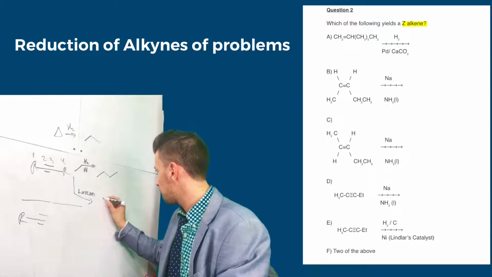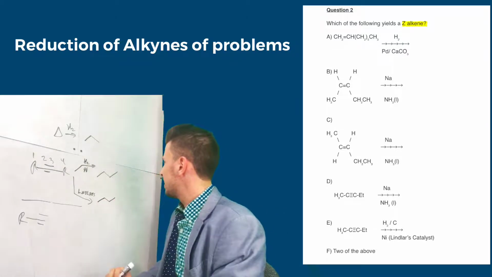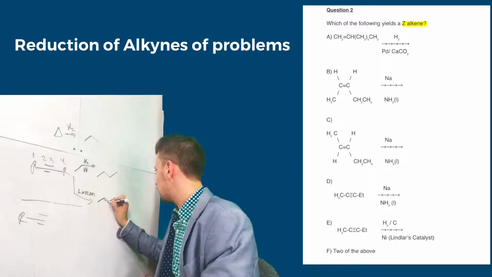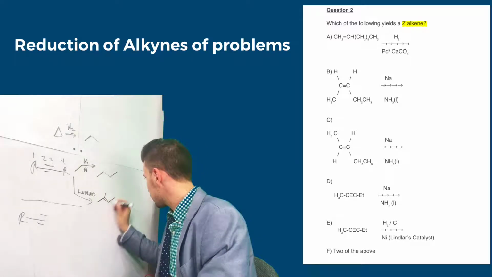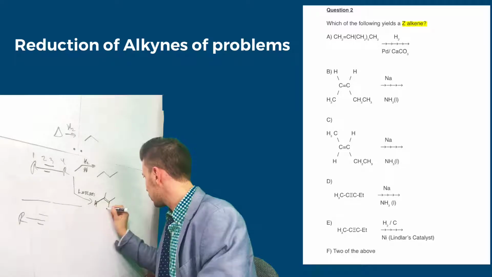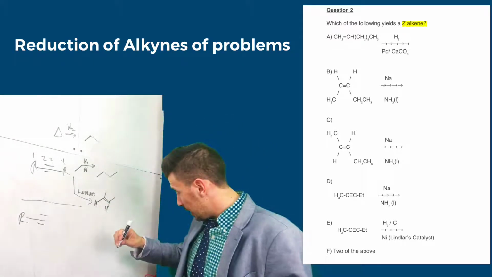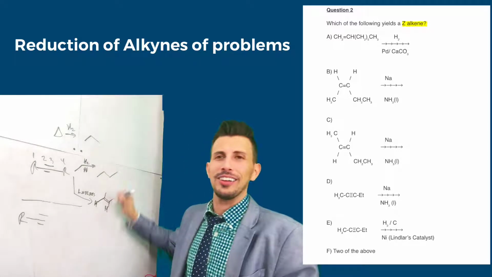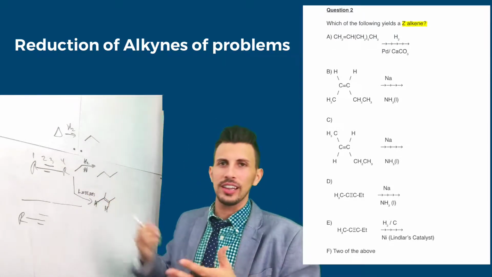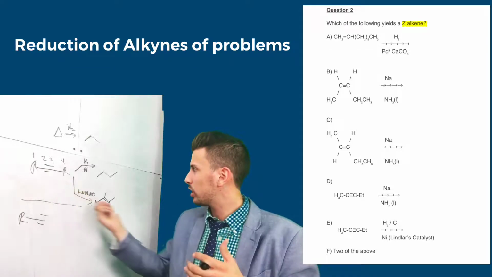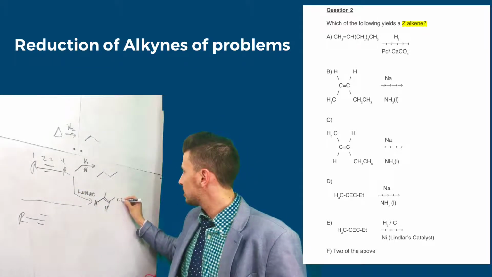In this case it wouldn't matter that much, or actually it would, because it leaves you with a cis alkene, which is the whole purpose of using Lindlar's catalyst. An internal alkyne will give you a cis alkene.